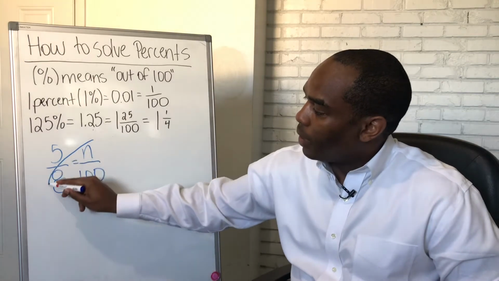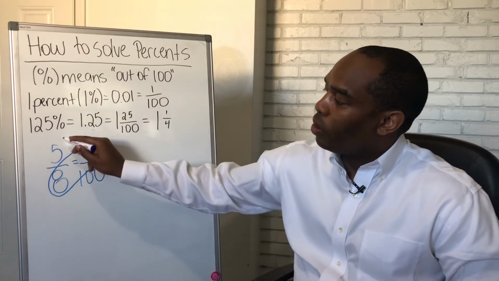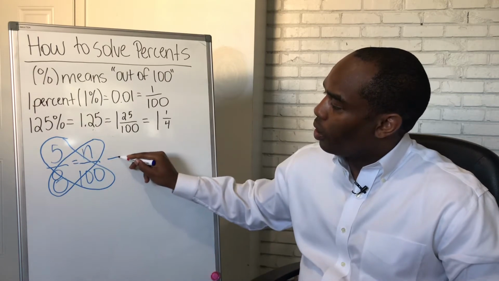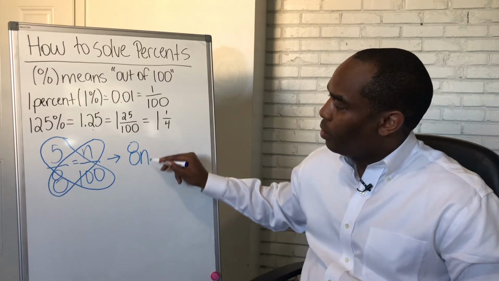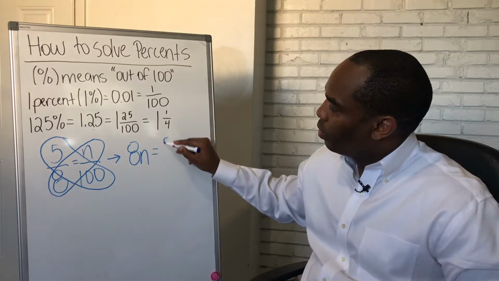I'll cross multiply the 8 with the n, and then I'll cross multiply the 5 with the 100. And so my new problem will be 8 times n equals 5 times 100.